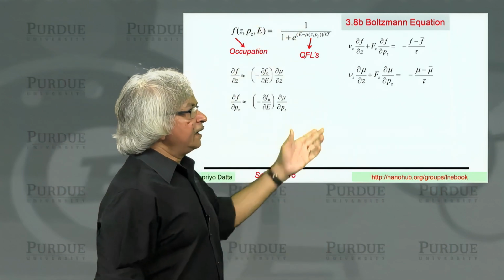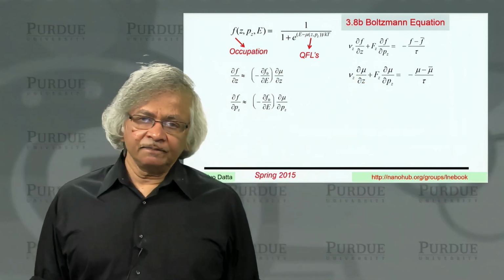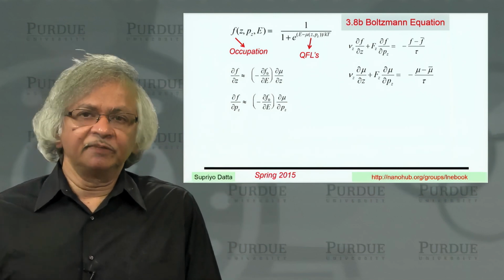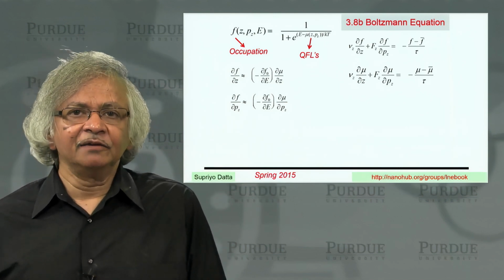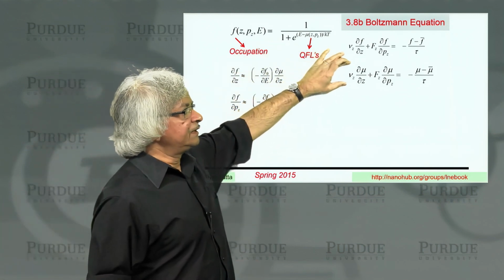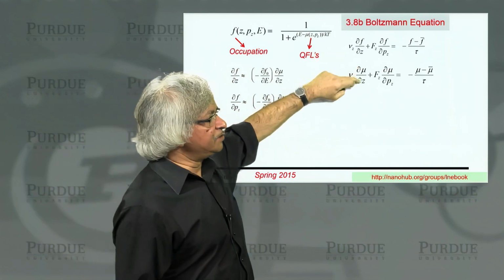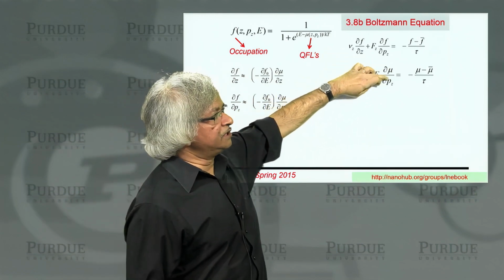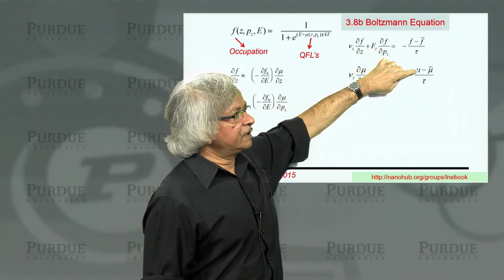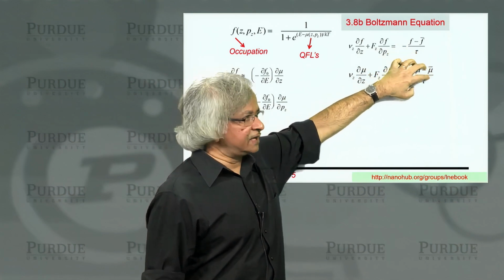Okay. Now, one nice thing about this form is that it also immediately shows you that the equilibrium solution is given by mu equal to a constant. That is, if mu is constant, then as you can see, this equation is automatically satisfied, because d mu dz is 0, d mu dpz is 0, and mu bar is equal to mu, so there's no scattering, and that's also 0.